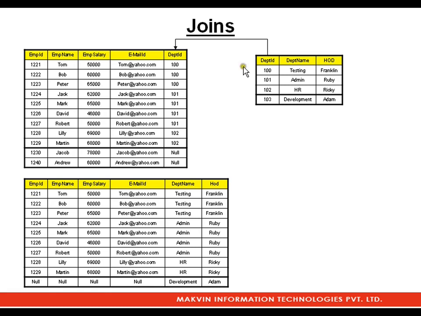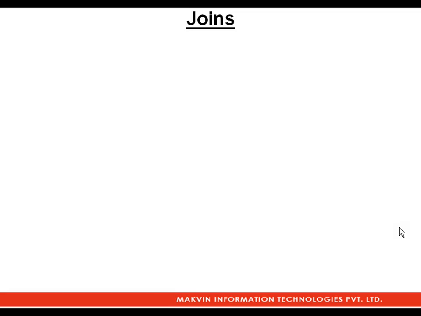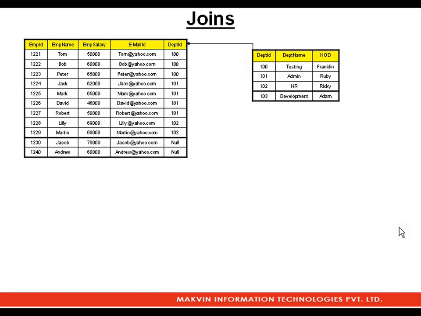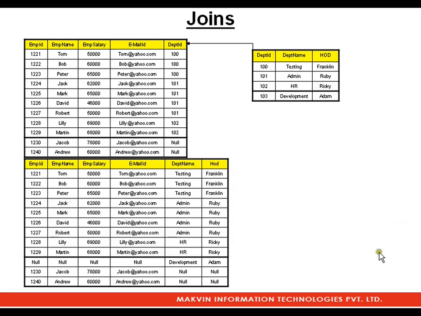So if I have all the records from right table and matched records from left table, it will give me a term that is right outer join. The next and the last scenario, definitely it is all the rows from left table, all the rows from right table. This is nothing but my full outer join.